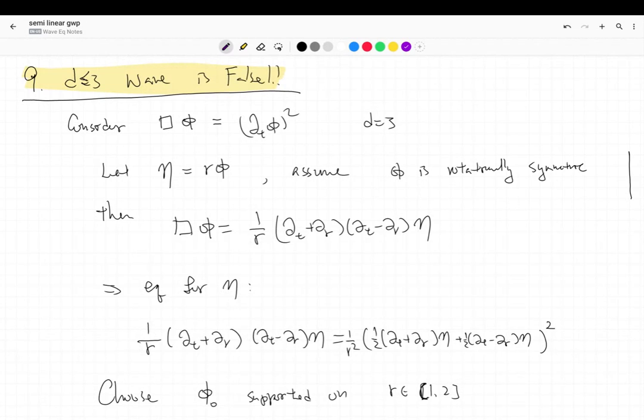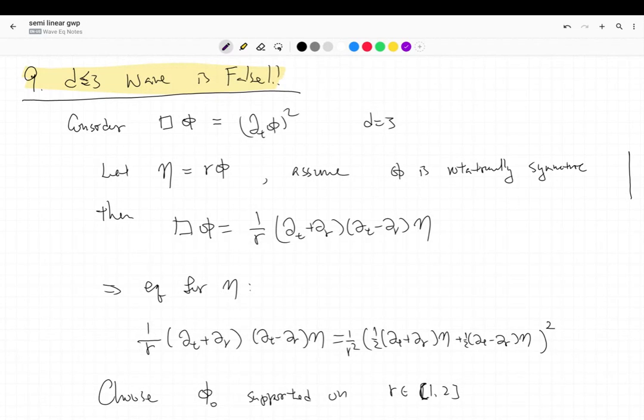But I want to mention the fact that in this low dimensional case, the non-genericity of the nonlinearity that's admissible is actually not just a failure of our technique. It's actually that the corresponding statement is false.